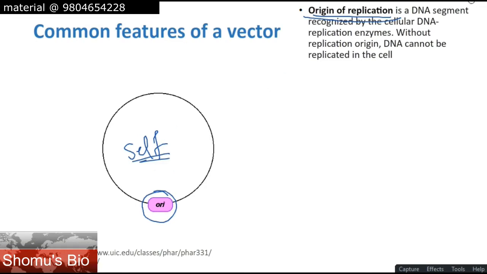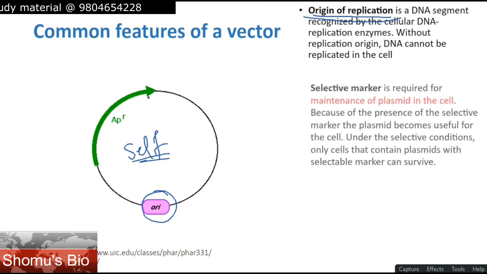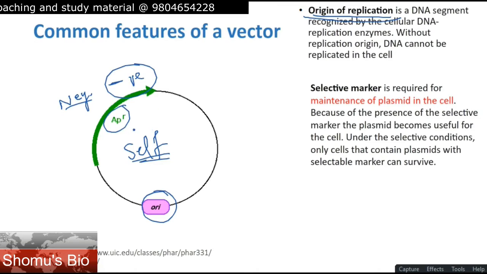The second thing that you need is the selectable marker. The marker is an antibiotic marker, which we can see here. And remember, an antibiotic marker is a negative marker, right? We have talked about negative and positive markers already in unit number 12. In this case it's ampicillin resistance; it can be tetracycline resistance, streptomycin resistance.